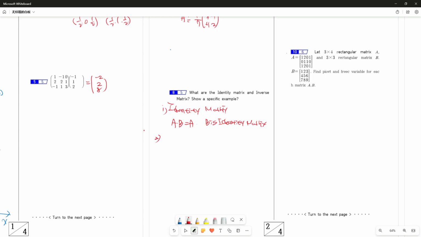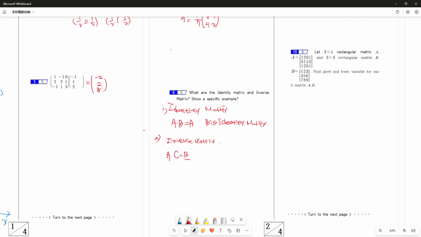And number two, the inverse matrix. Suppose A, B and C exist, and furthermore, let B be the identity matrix for A, then A product C equals B. I told you in these cases you should add some conditions.